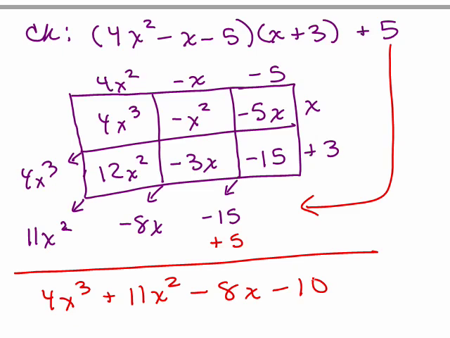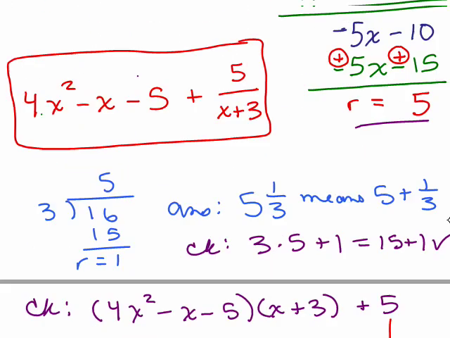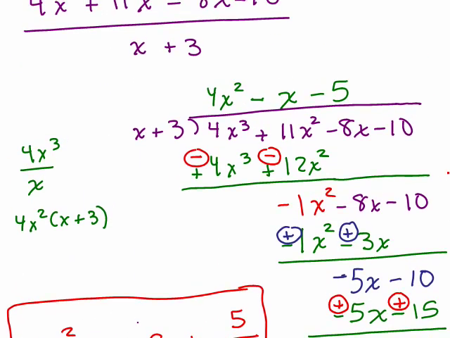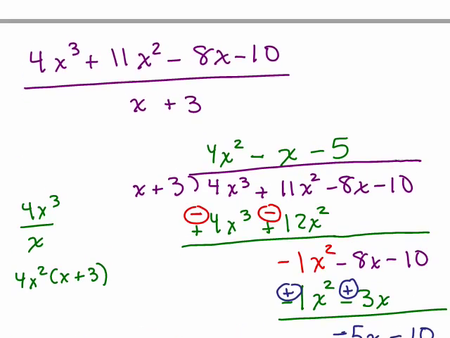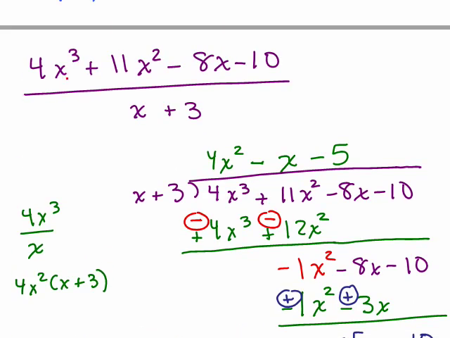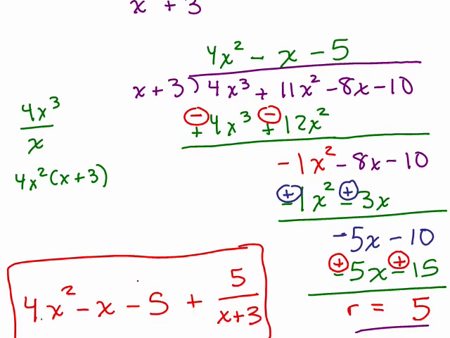So let's look at the coefficients. 4, 11, negative 8, negative 10. There it is. So it was 4x cubed plus 11x squared minus 8x minus 10 divided by x plus 3. And so it does check out.